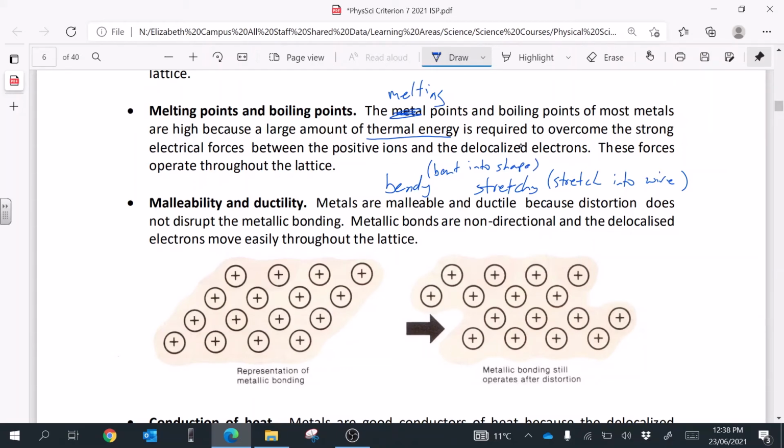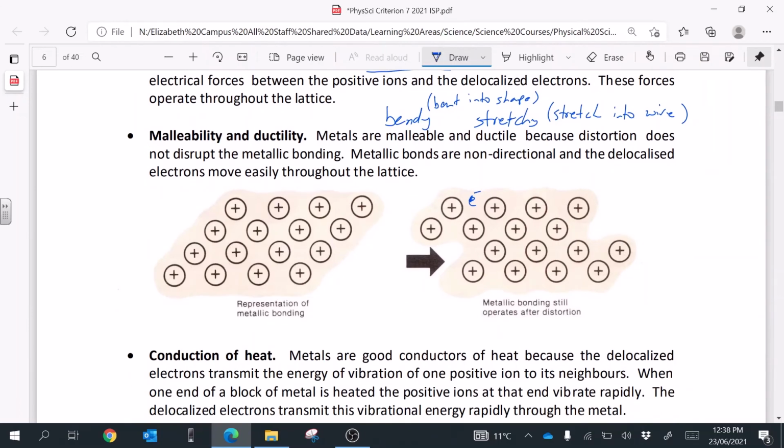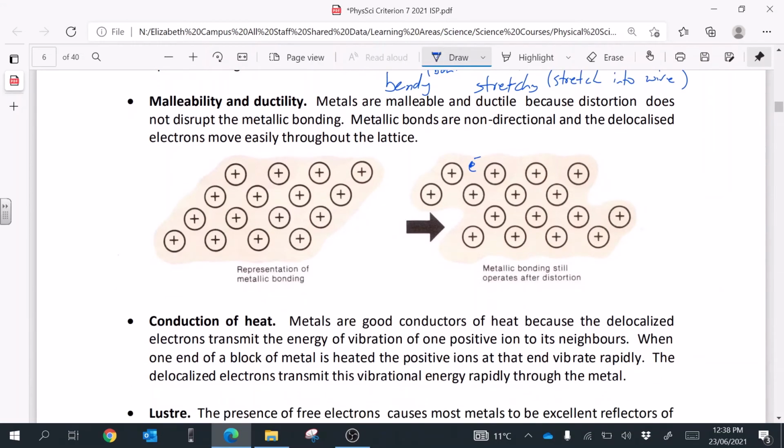It's because of this sea of delocalized electrons, which basically allows movement, and the electrostatic forces are still present. So the forces holding the structure together are still in place, even if you distort them.